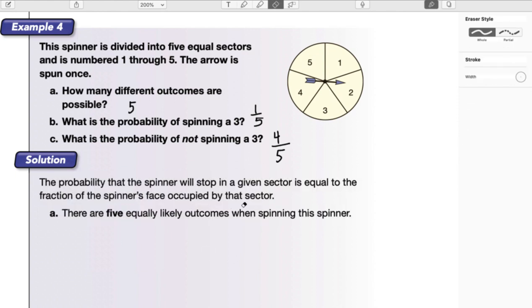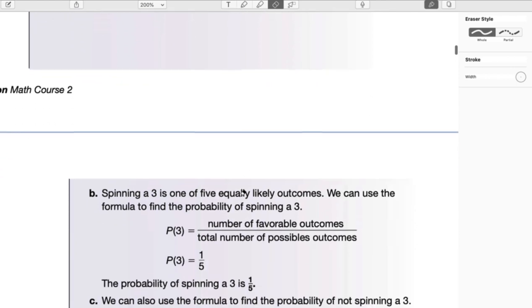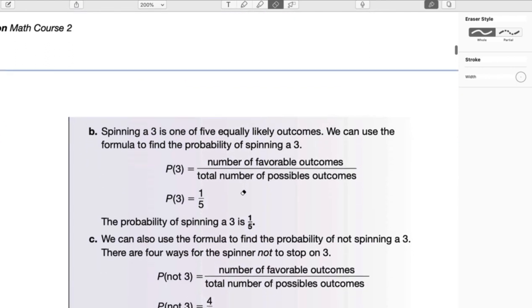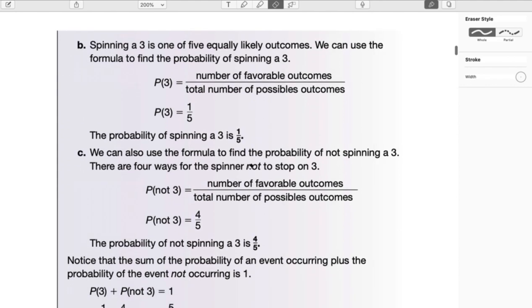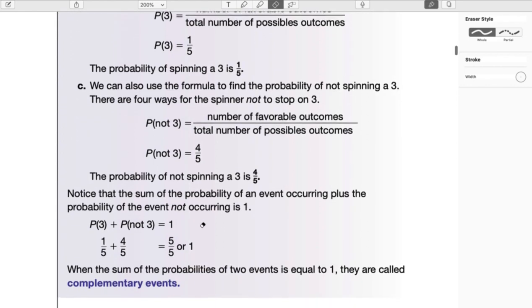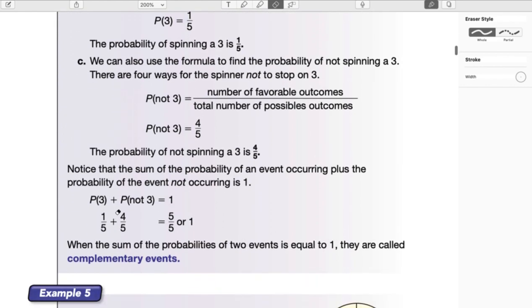There are 5 equally likely outcomes. They go on to share with us that 1/5 is the answer for the one where we had the probability of 3, and the probability of not 3, I like how they wrote that, probability not 3 is 4 out of 5. If you notice that the probability of 3 and the probability of not 3 have to add up to 1, because that would be the entire options. Either it's 3 or not 3. So it has to add up to 1.